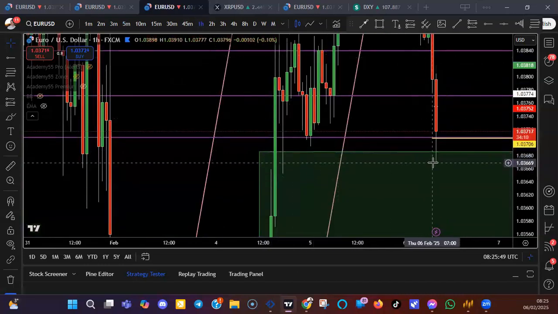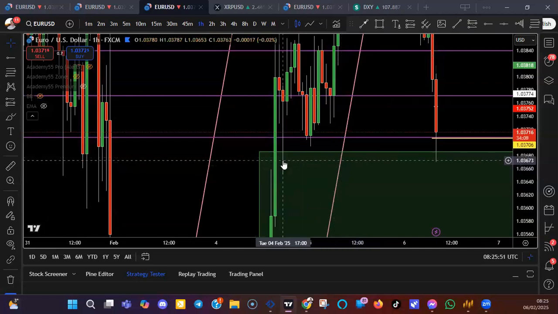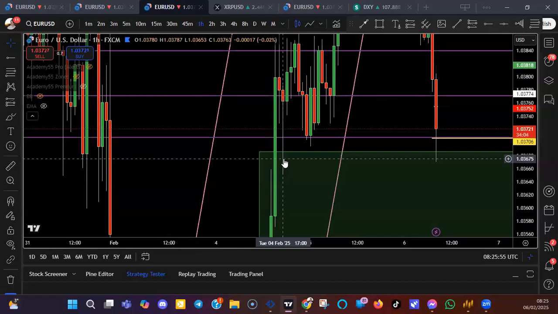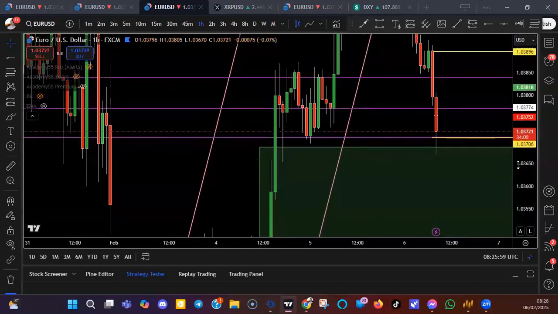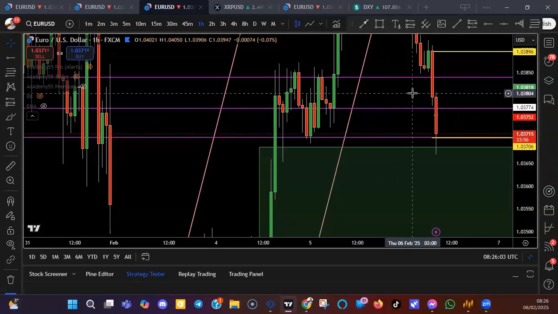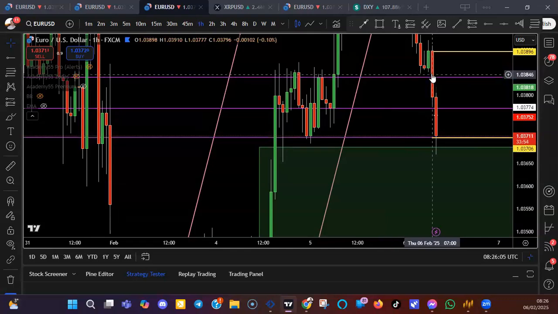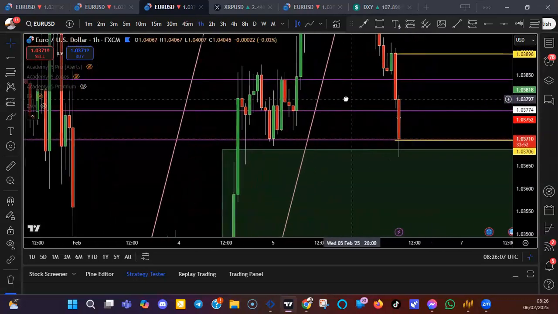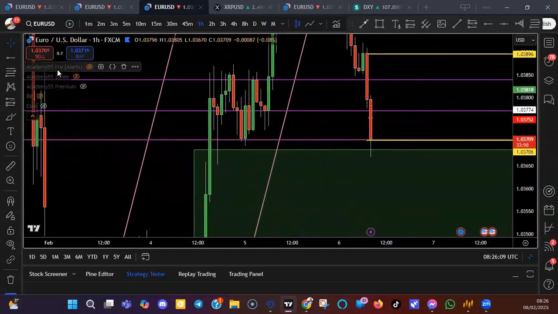Yeah, we're the lowest we've been since Tuesday at 5 o'clock, actually. So we're coming down to those areas again. We've got imbalance up here, which I think would be prudent of me to draw in.